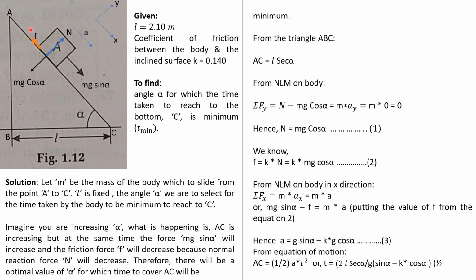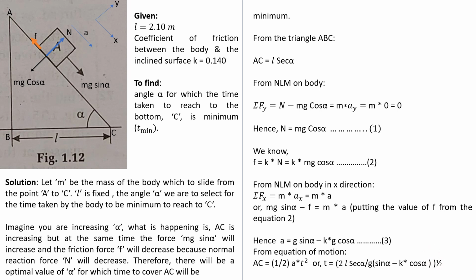So we will write the equation of motion. AC will be half into a into t square, because the initial velocity when it started from A will be 0. So AC is equal to half into a t square. From here you will get T equal to the square root of 2L sec alpha divided by g into (sine alpha minus k cos alpha).